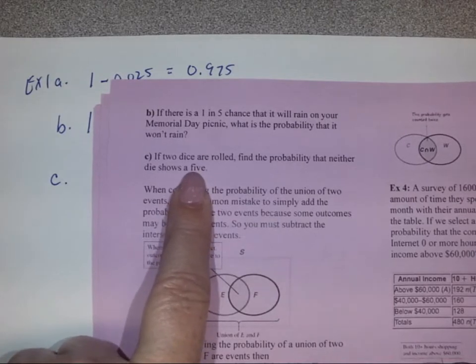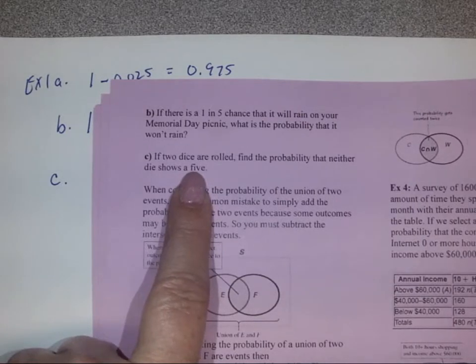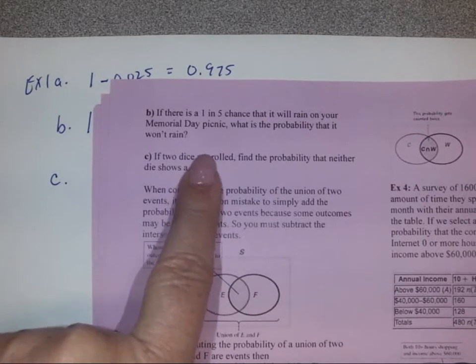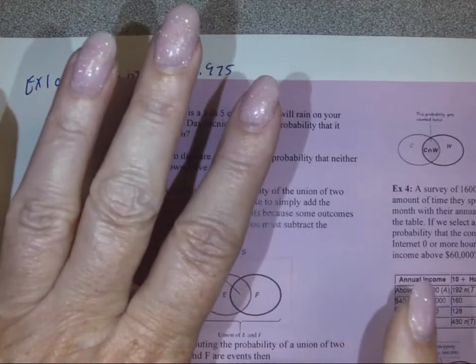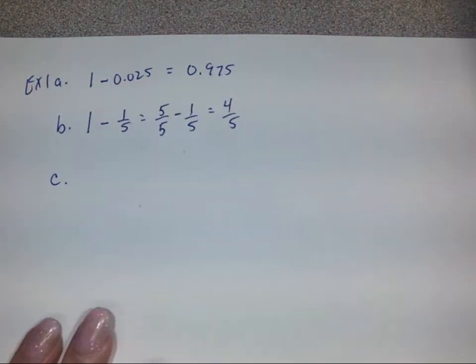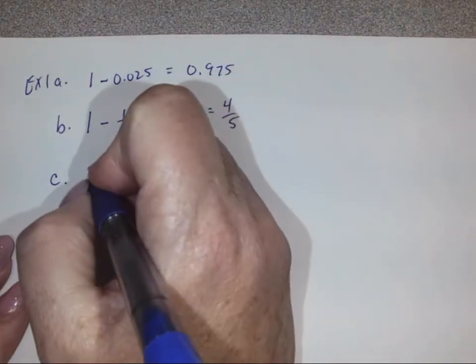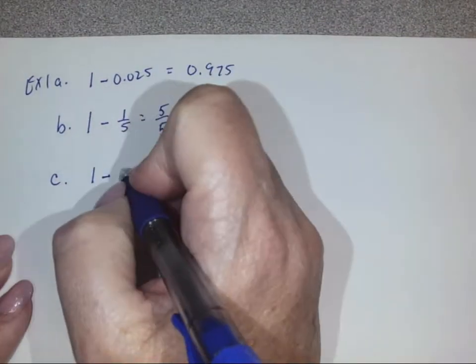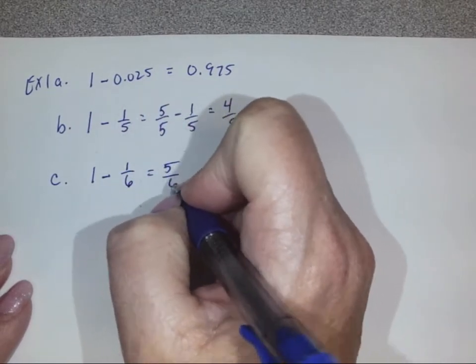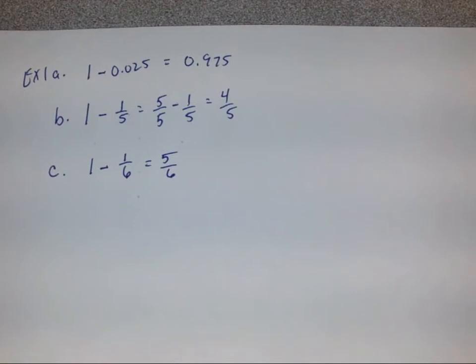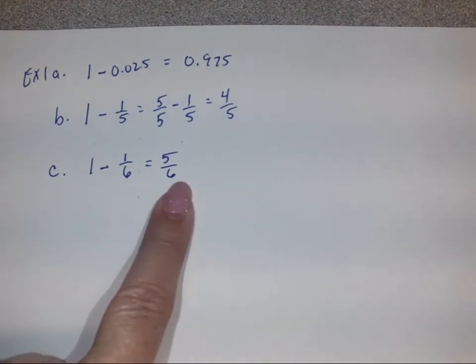If it was neither die shows a 4, it's still going to be 1 out of 6. Whichever number you pick, because there's 6 sides to a die, it's always going to be 1 out of 6. So we're looking at 1 minus 1 out of 6, which gets us 5 out of 6. That's for 1 die, right?